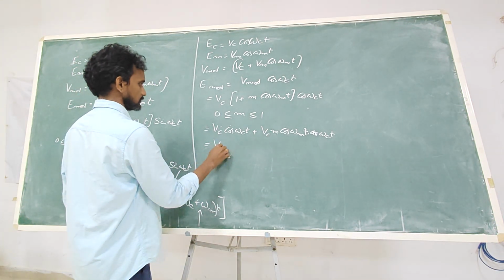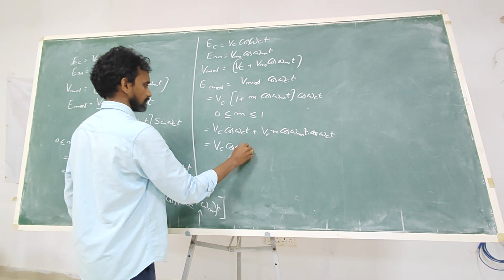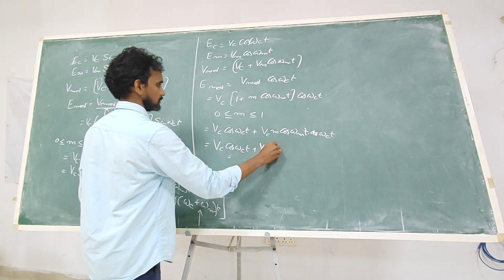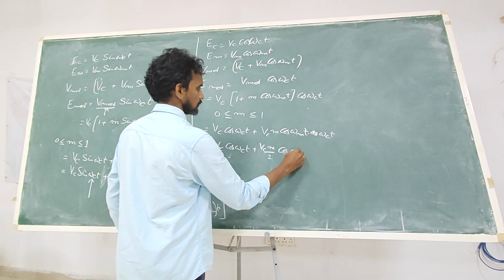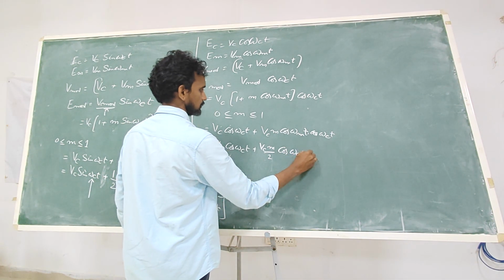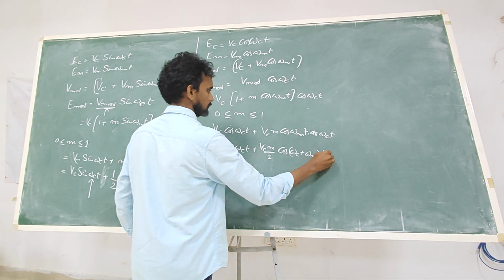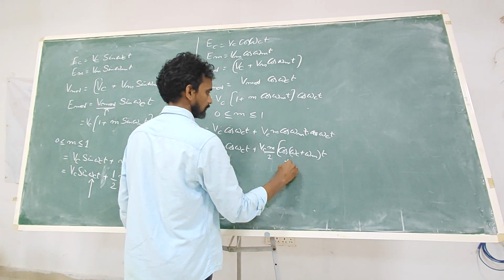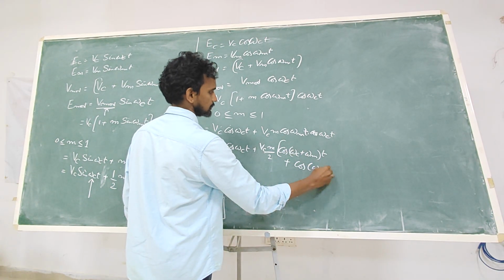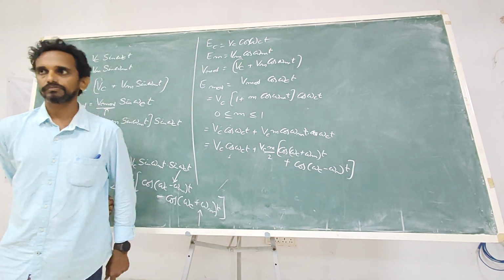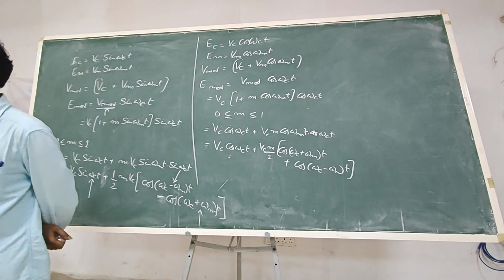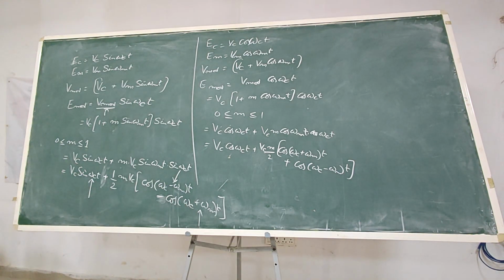So the result is Vc cos omega ct plus Vcm by 2 [cos (omega c plus omega m)t plus cos (omega c minus omega m)t].